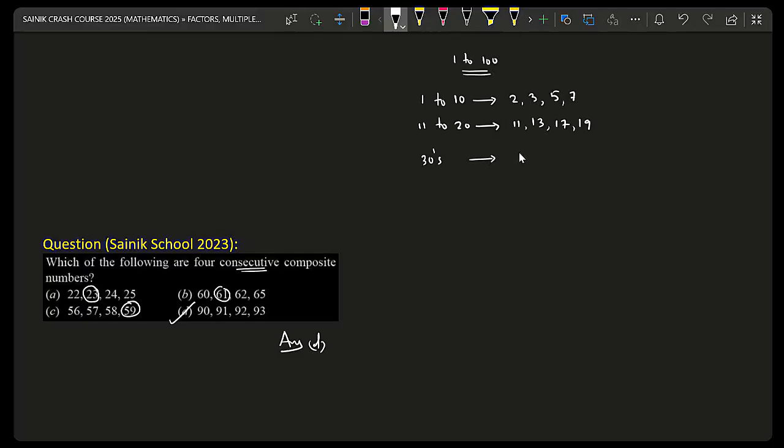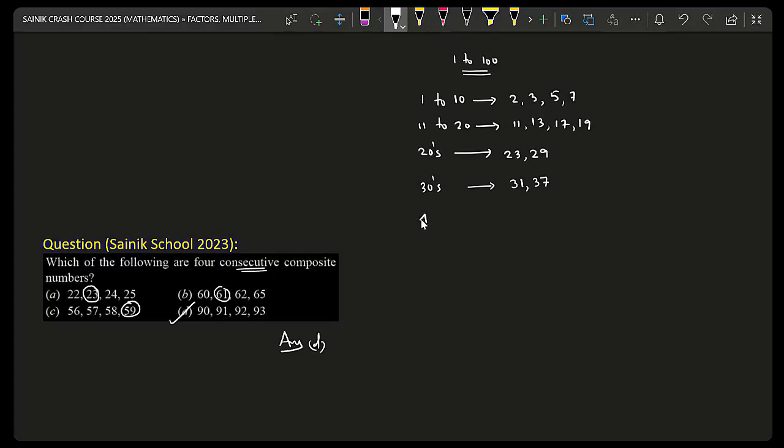We have 2. 31 is a prime number, 37 is a prime number. First, we'll write the 20s here. In the 20s, what are the prime numbers we have? 23 is a prime number, and 29 is a prime number.